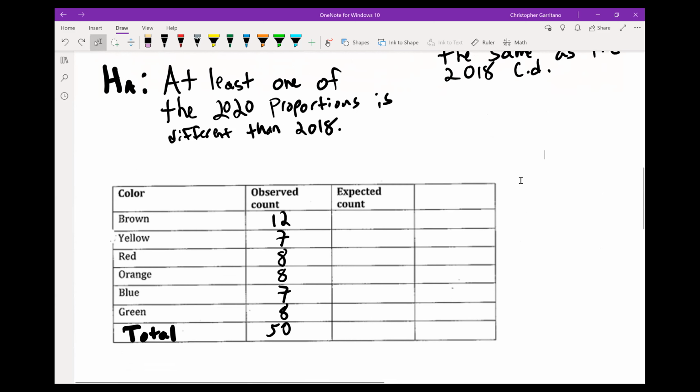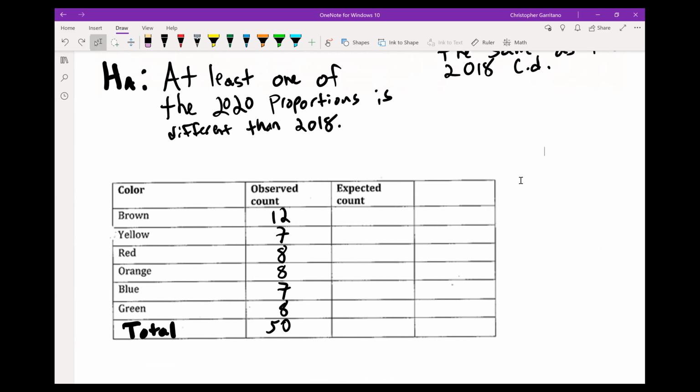So in our situation, we have an observed amount of data, and then we're going to fill in what we expected to see based on the fact that we are assuming the null hypothesis is true. Of course, we observed the following counts or frequencies of the colors in my bag of colorful couch potato candies.